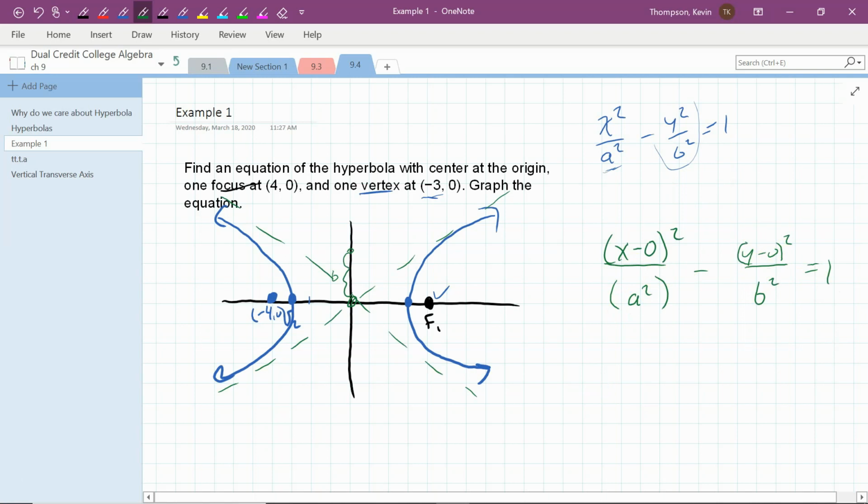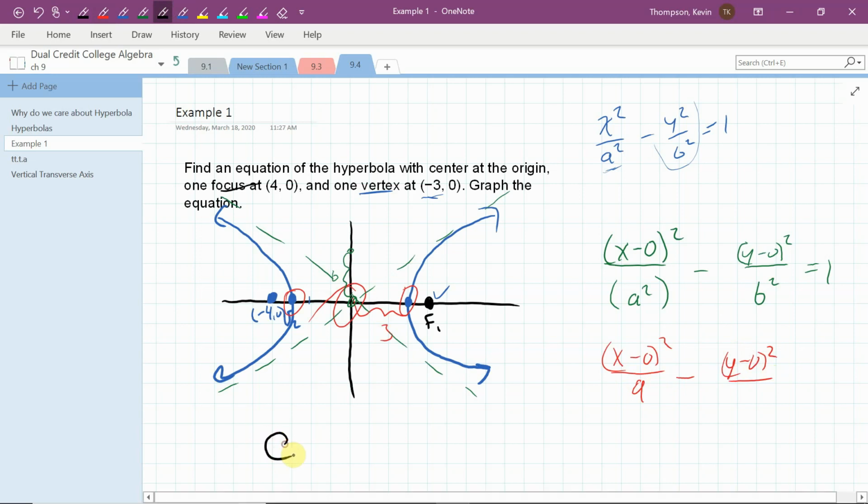Now, I hope, looking at this, you could decide what a is very quickly. a is the distance from the center to the vertex. It doesn't matter which one I'm looking at, the distance there is 3. So I now have (x minus 0) squared over 9 minus (y minus 0) squared over, now I need b squared.